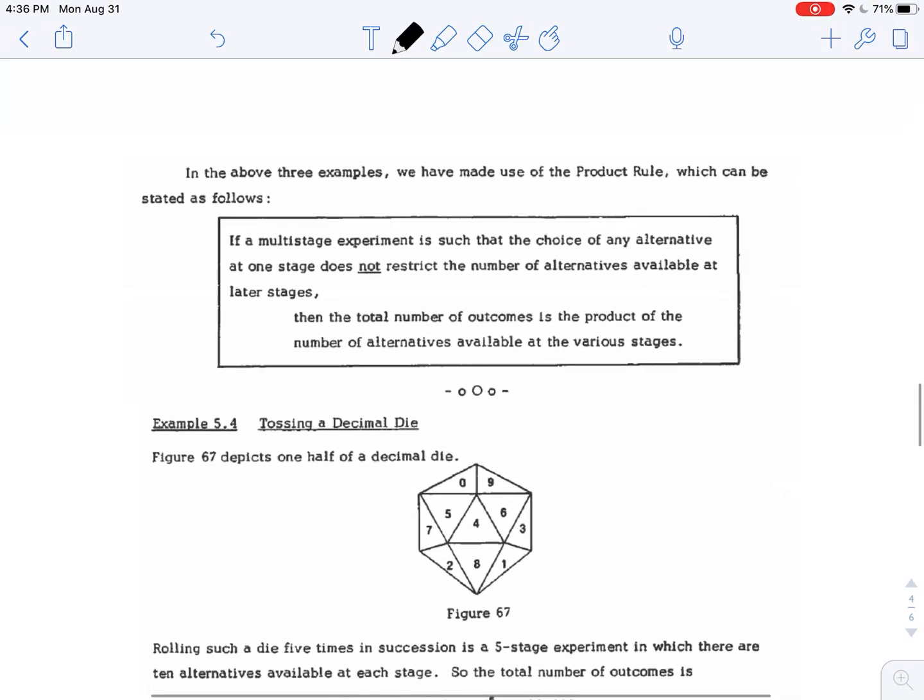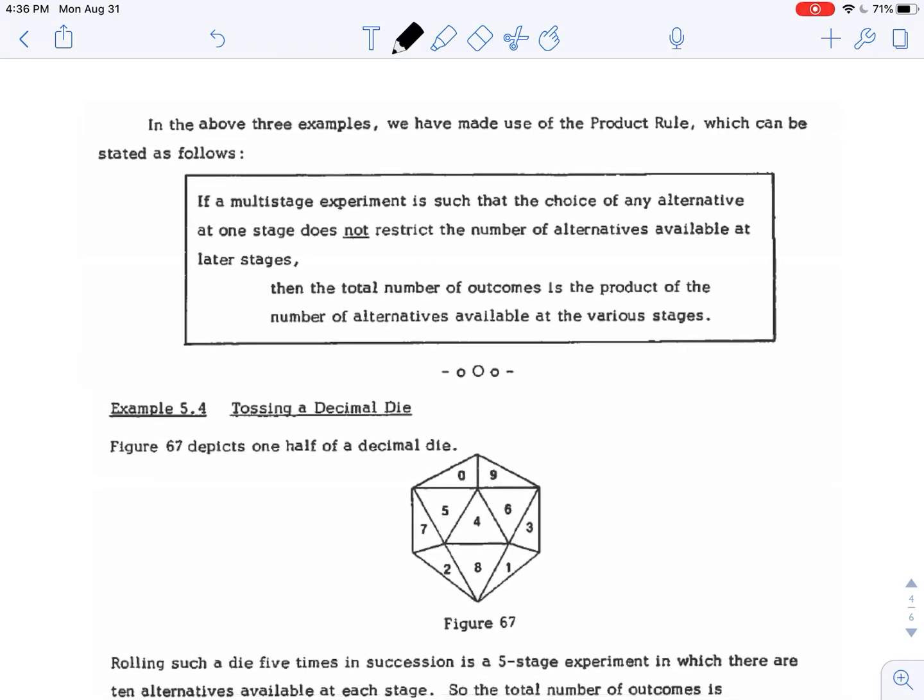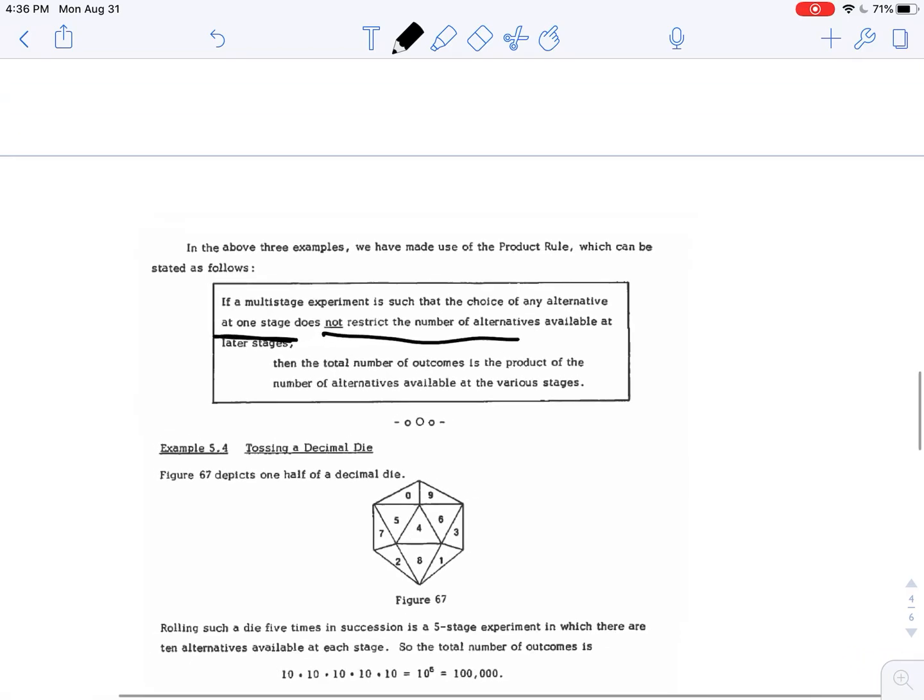So in those examples, as you saw, we were making use of simply the product rule. And the product rule again, as I stated at the top of the lesson, the choice at any one stage does not restrict the number of alternatives at a later stage.